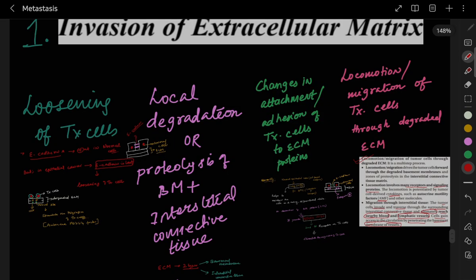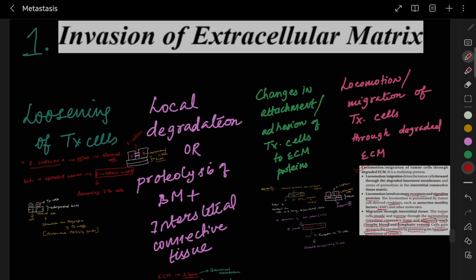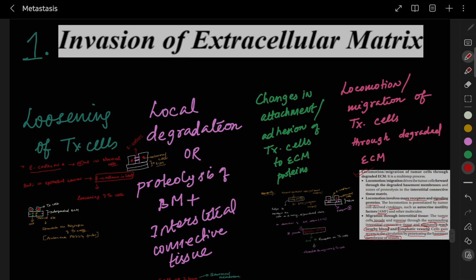So let's summarize. How is invasion of the extracellular matrix happening? The first step is the loosening of the tumor cells: E-cadherin is present in normal cells, but in a cancerous cell E-cadherin is lost, so the tumor cells become loose.